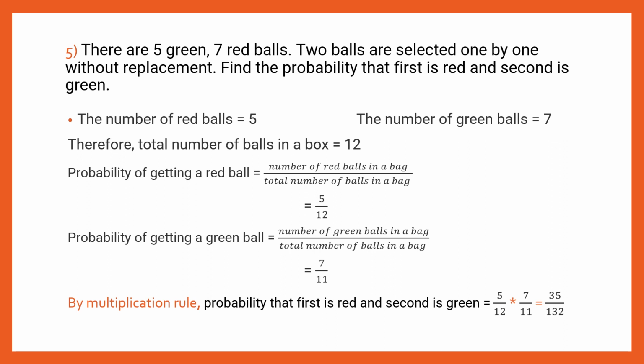Now let's see this example. There are 5 green balls and 7 red balls. Whenever you're writing the answers, always write down whatever the given data that you have in the question.